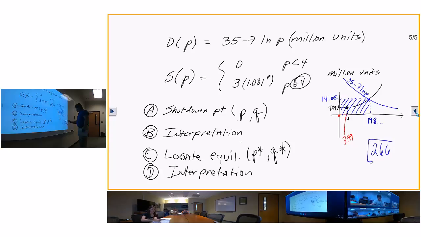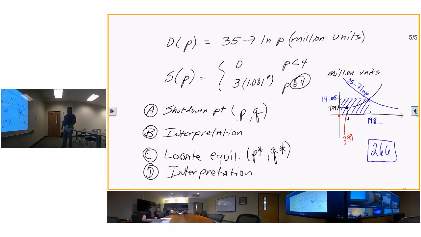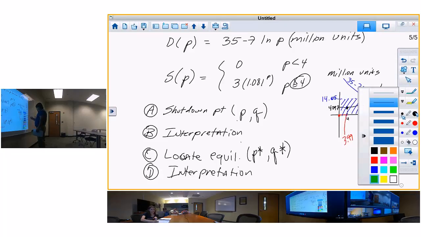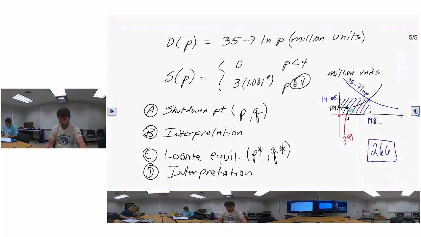266. That's your area. Millions or whatever. And then you can actually find, we'll use another color, the intersection.